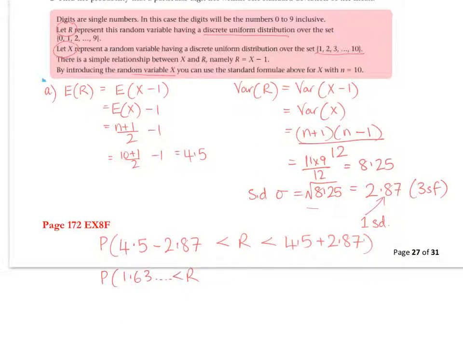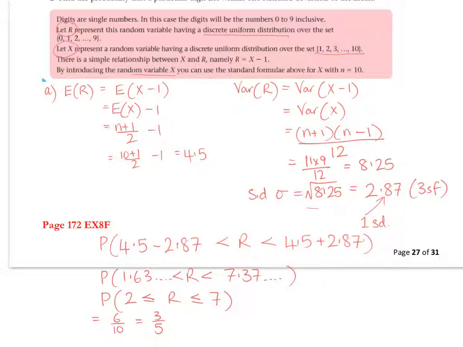R lies in between 7.37 and so on. We can't have decimals for discrete values, so we'll take that to 2 and we'll take that to 7. So the probability of 2 is 6 out of 10, and the probability reduces to 3/5.